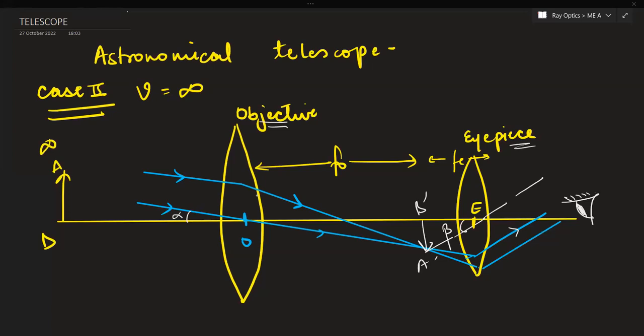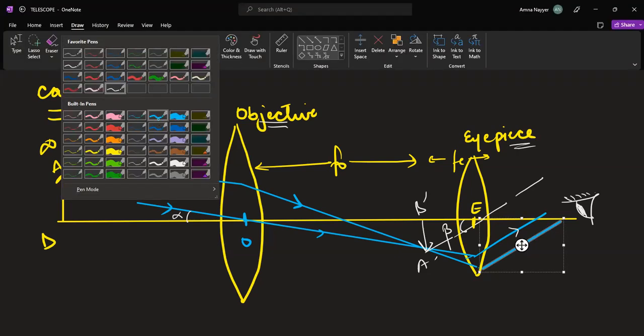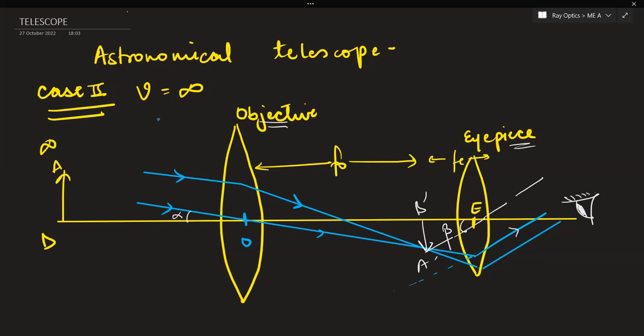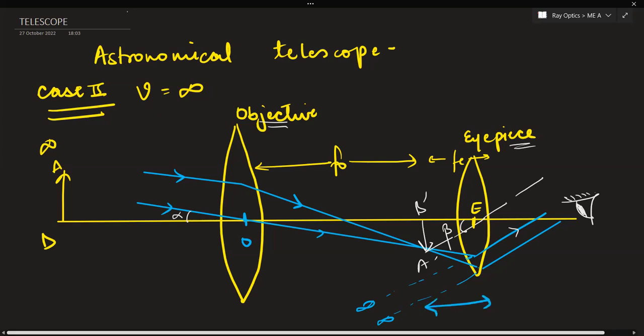See, case 2 is when the final image is formed at infinity. So till here, everything will be the same. No difference will arise. Now see class, when the final image is formed at infinity, the rays will be parallel. Understood? If the rays are parallel and they are forming the image at infinity, it means this distance is for sure the focal length.